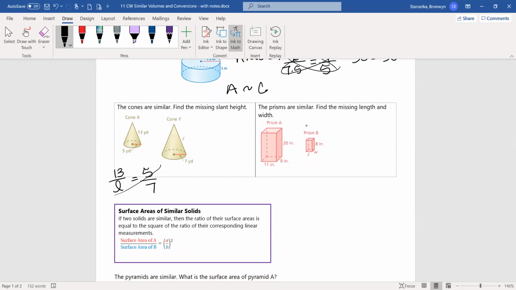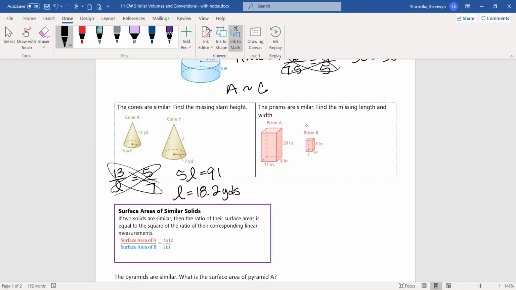So we can just do cross product to find the missing value. We'll do 5 times L equals 7 times 13, divide both sides by 5. So 5L equals 91, which means L is 18.2 yards.